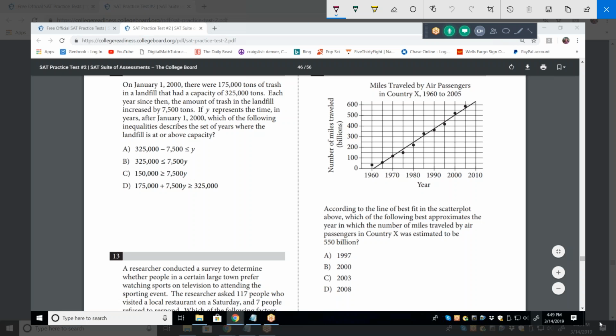What you want to do when you see graphs, you want to know three things. You want to understand the title, you want to understand the horizontal axis, and you want to understand the vertical axis automatically. What the SAT is doing is throwing questions that would have been in the science portion of the ACT.